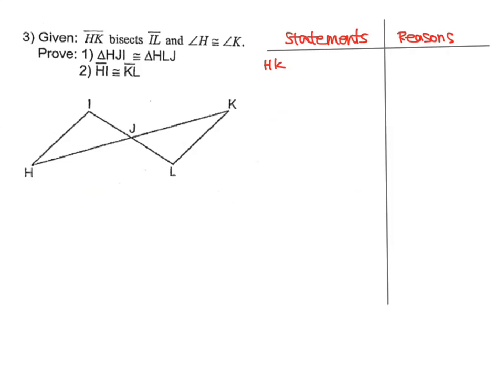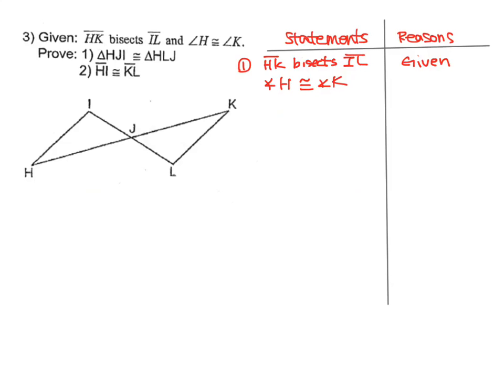HK bisects IL, and angle H is congruent to angle K. That's given.